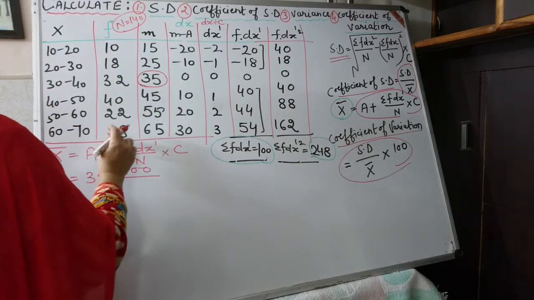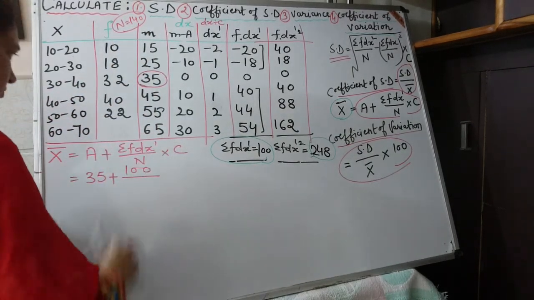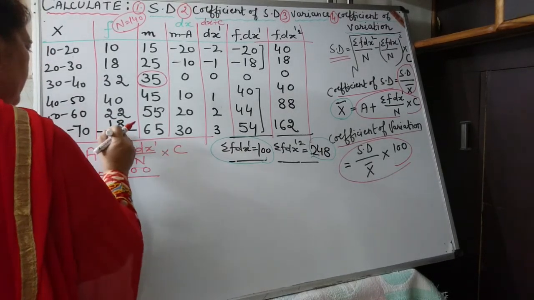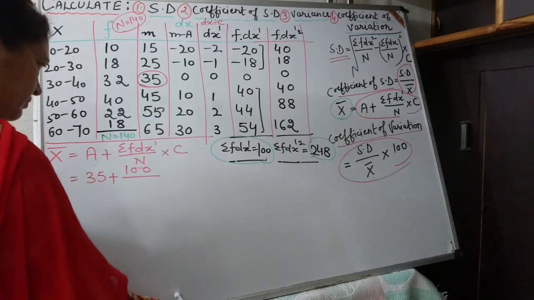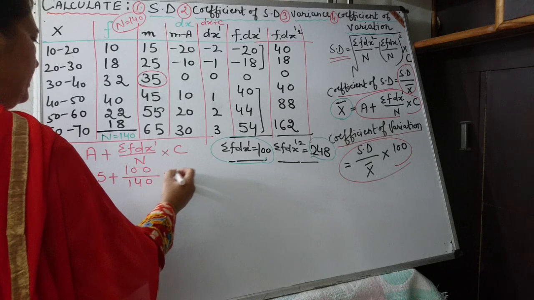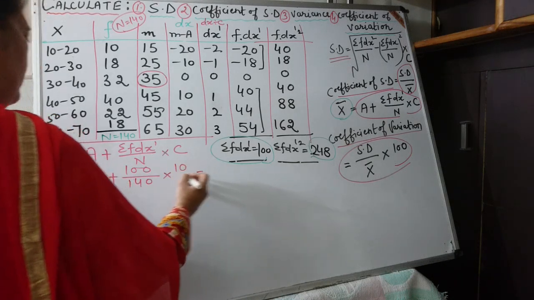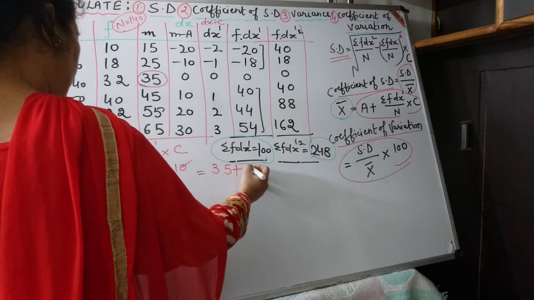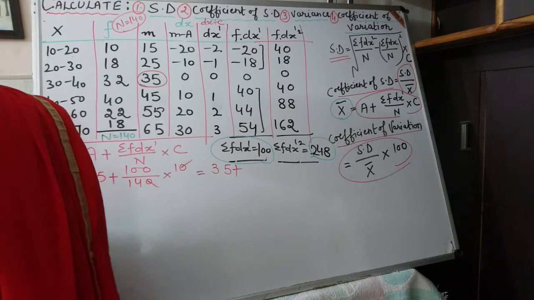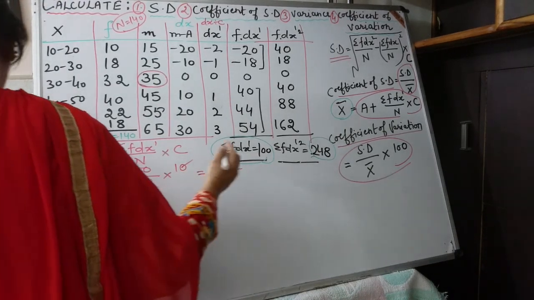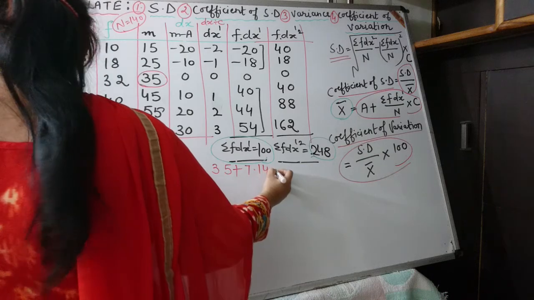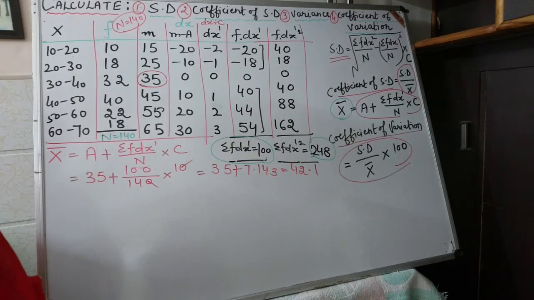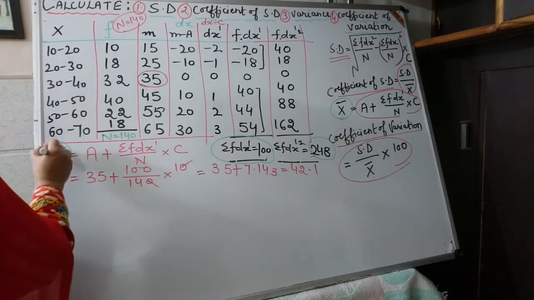Sum up all the values of n and it will be 140. Multiplied by the common class interval, that is 10, is equal to 35 plus 10 divided by 14, and that is 7.143, which is equal to 42.1. This will be the answer of the arithmetic mean.